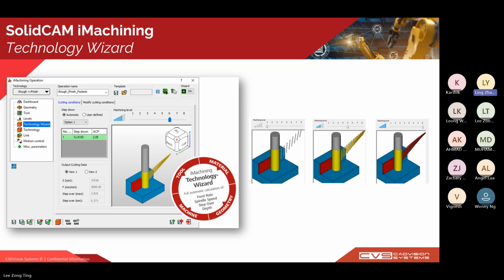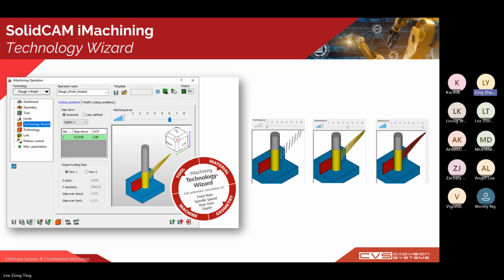Right. So we have talked about how iMachining differentiates itself from the perspective of toolpath. We have talked about the constant tool force. And now another very good feature of iMachining is the technology wizard. This could be especially useful for fresh CAM programmers, or maybe some experienced programmers might also benefit from this.